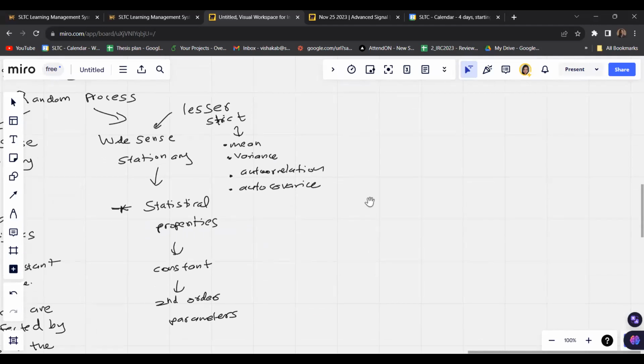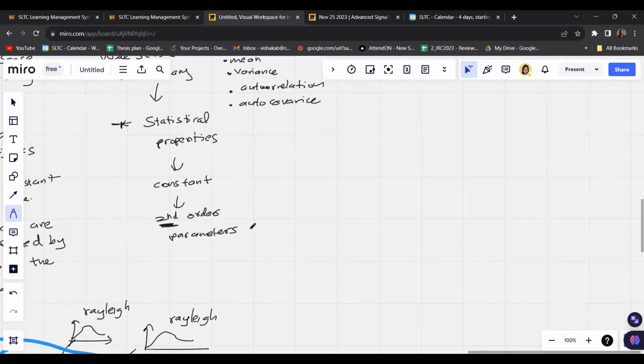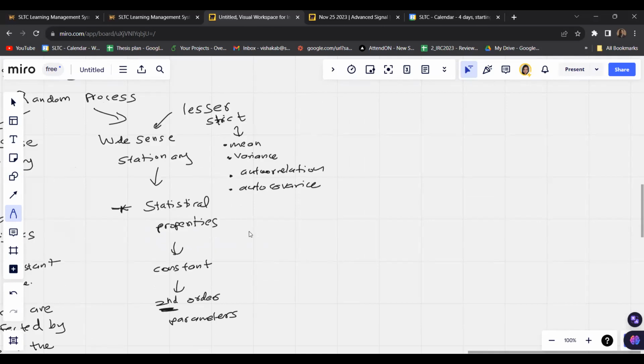So the wide sense stationary processes have the statistical properties constant up to the second order, right? Up to the second order, the statistics are constant. Then when we talk about the mathematical definitions of such processes, the second order parameters that we can consider are, for example, the mu value.